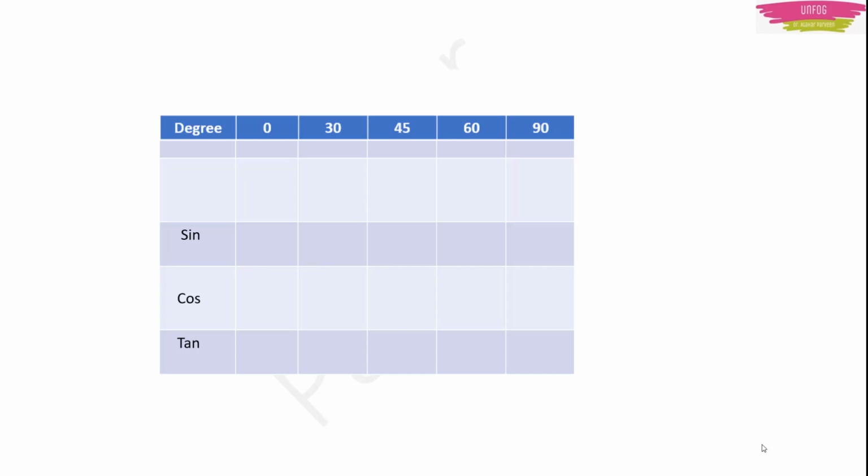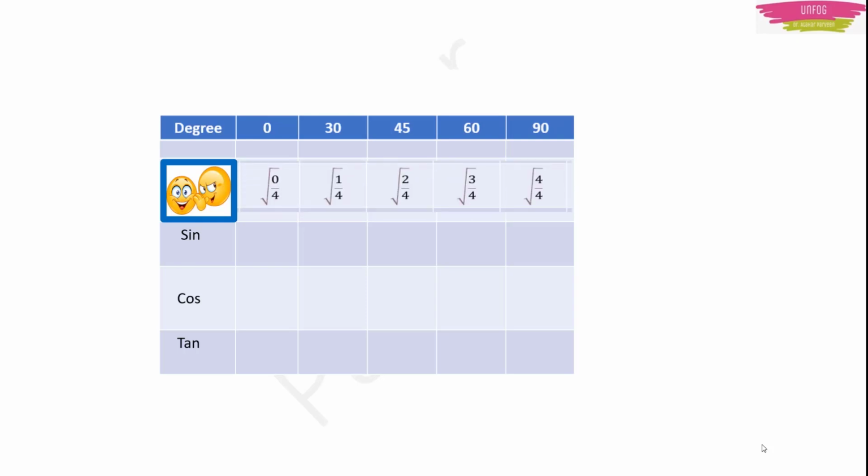The trick is that first you write square root of 0 by 4, square root of 1 by 4, square root of 2 by 4, square root of 3 by 4 and square root of 4 by 4. See, first you have to make the table like this only. Line by line you write a square root of 0, 1, 2, 3, 4 and the denominator will be 4 for all the numbers.